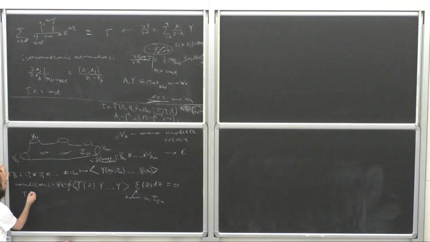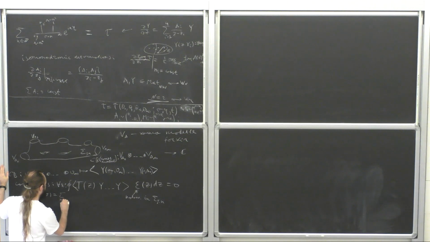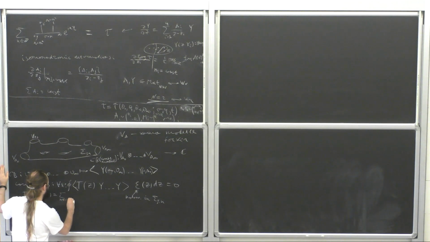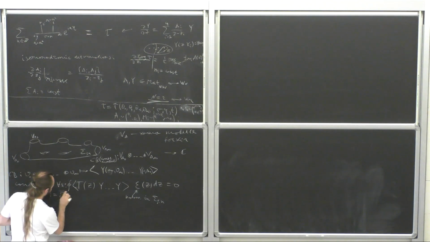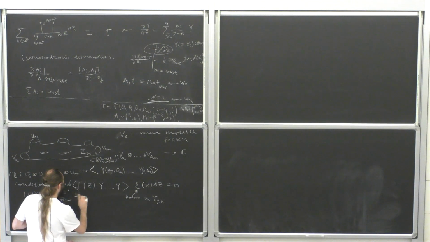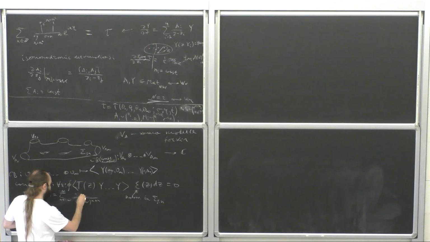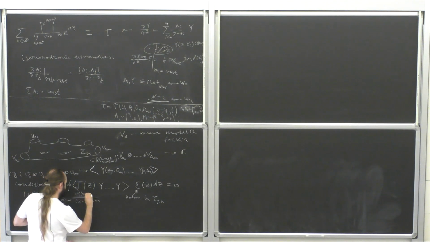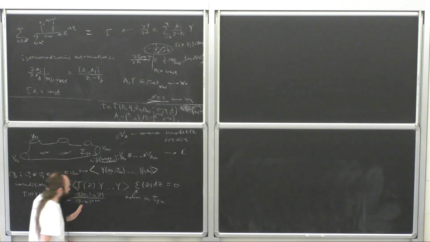If we write T of z, Y of w, and some vector, it will be by definition a sum from n equals minus infinity to some number, of z minus w to the power n plus 2 times Y of something.